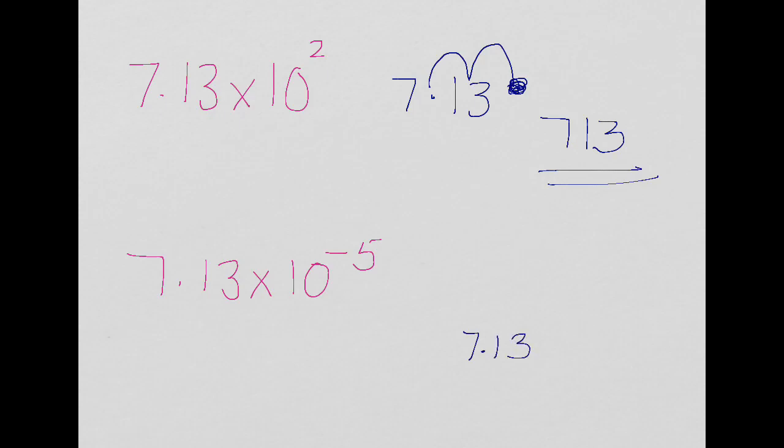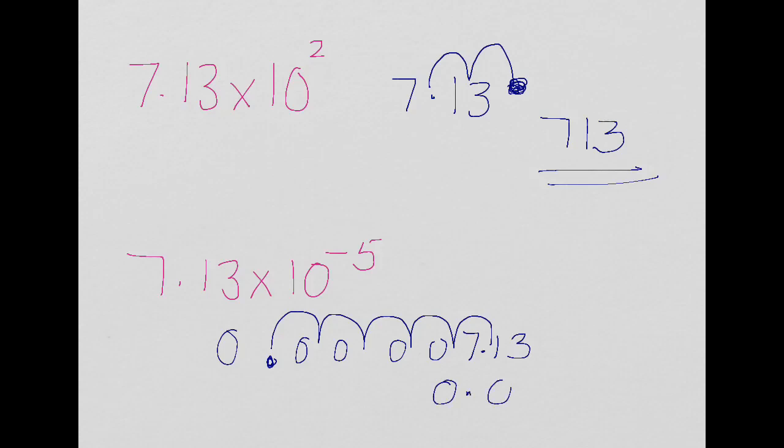So I'm dividing by 10 5 times. So remember, I'm dividing by 10 this time. So 1, 2, 3, 4, 5, decimal point, put my zeros. So my answer for this is 0.0000713.